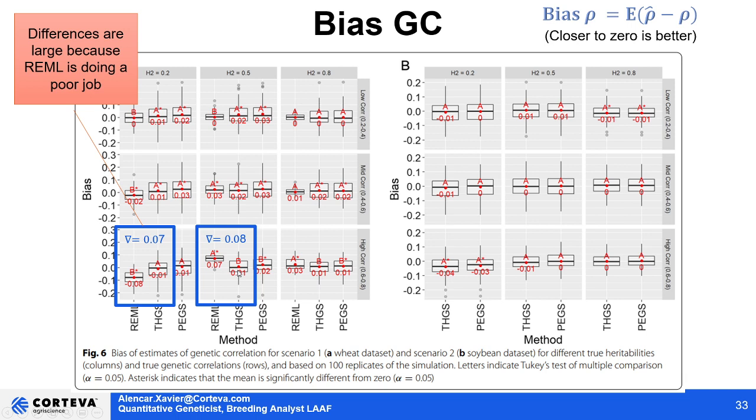REML overestimated the correlation among traits by 0.07. Another thing to notice, the soybean data set is larger in the sense that it has more individuals and more markers, and the heritability and genetic correlations are largely unbiased.